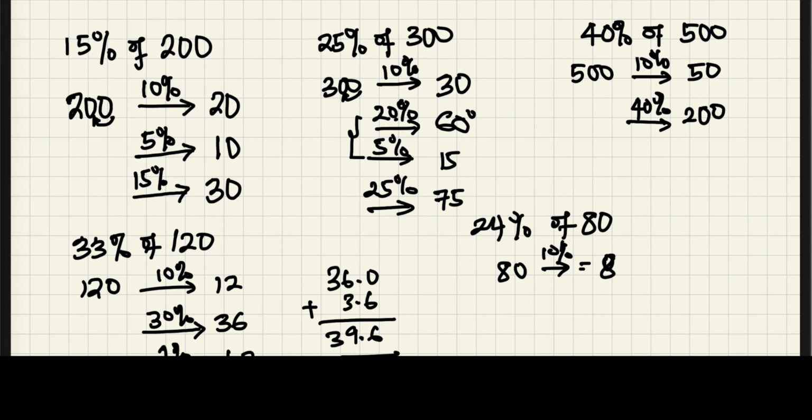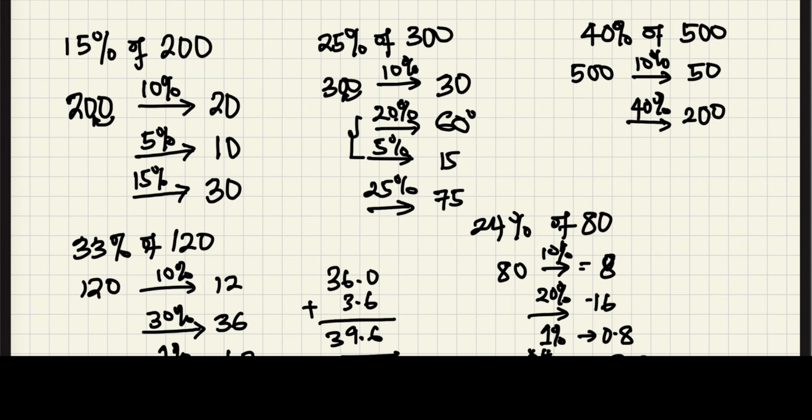Which means 20% of 80 will be 16. Then for me to get the remaining 4%, I need to get the 1%. So 1% is 0.8, right? Then times 4 will give me 4%. So 0.8 times 4, that will be 3.2. That's how it works.